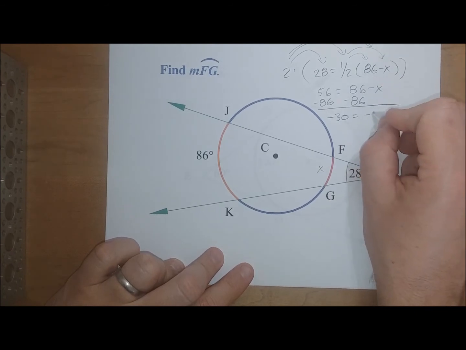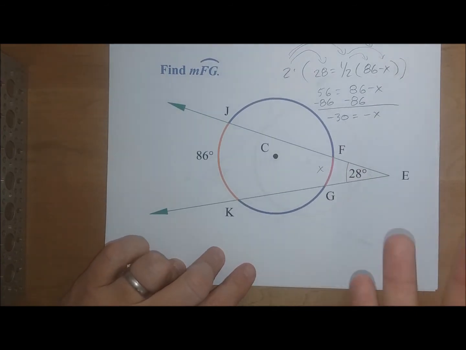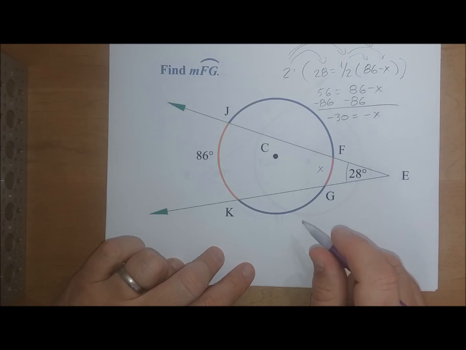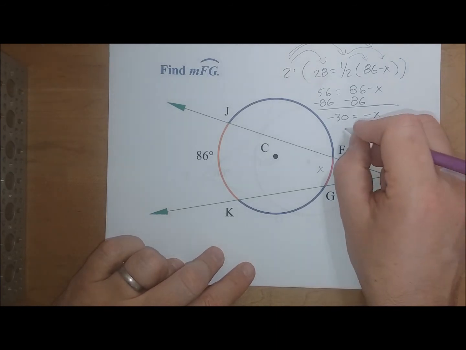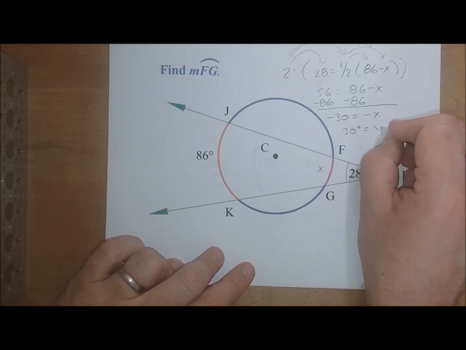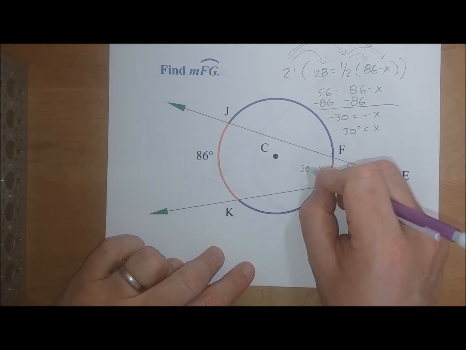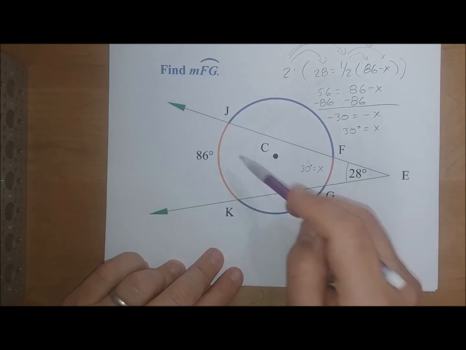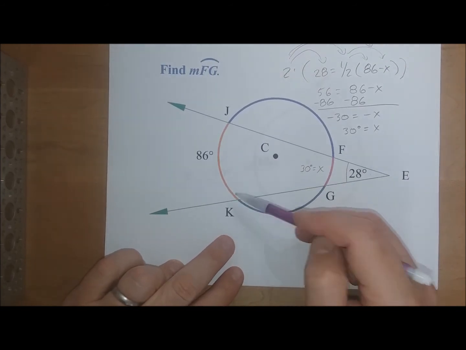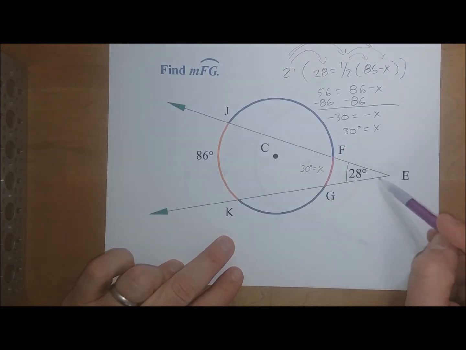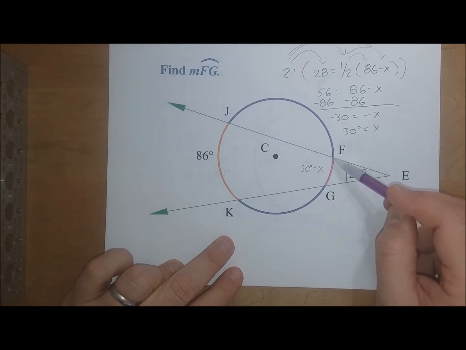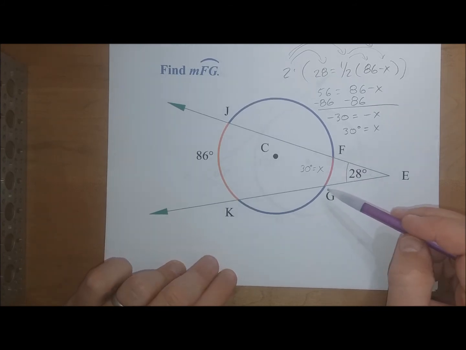But I'm left with negative X. So if negative 30 equals negative X, what does positive X equal? 30 degrees equals X. So the measure of this arc here is 30 degrees. If we intercept at 86 degrees out here, and this angle formed is 28 degrees, then this arc here must be 30 degrees.